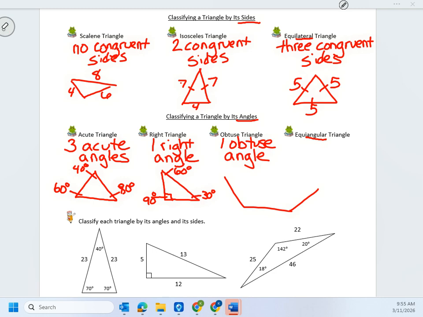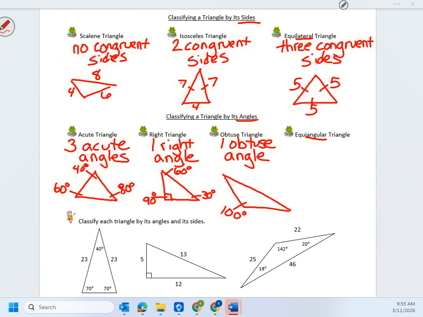So it can only have one obtuse angle. What might be a measurement I would put in there? Rhoda? 100. As long as it is bigger than 90 degrees. Okay, because it's obtuse, it has to look bigger, and it has to have a measurement bigger than 90 degrees.